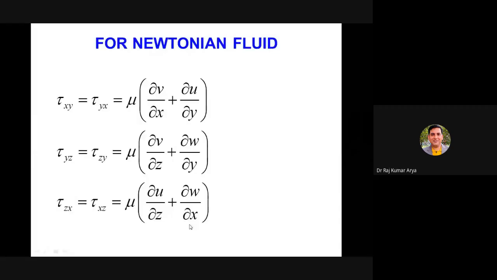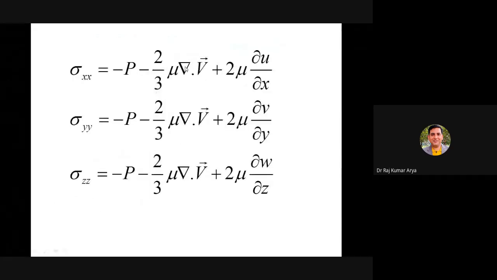Now you need the expression of sigma, the normal stresses. So normal stresses are given by this, and there is a derivation for that, but for the time being you consider it as given. You can find it, or I can give you the detailed derivation of these two also. So sigma xx is given by this: minus p, where p is thermodynamic pressure, minus 2 by 3 mu del dot v.